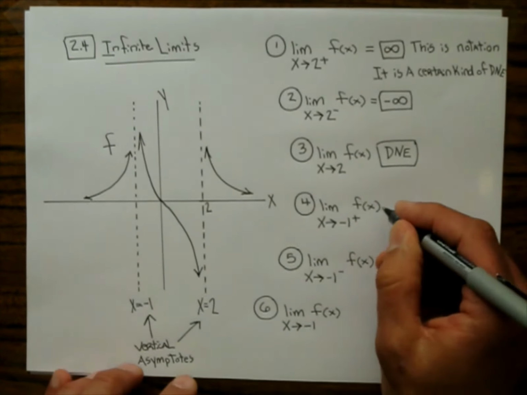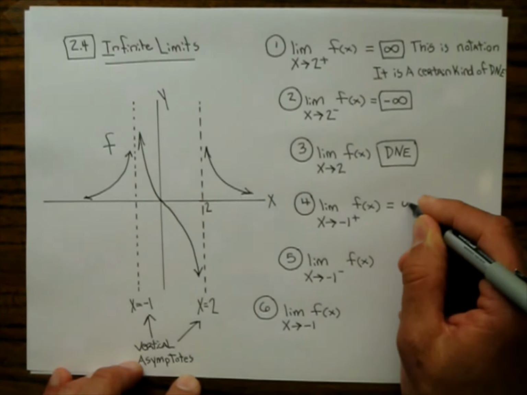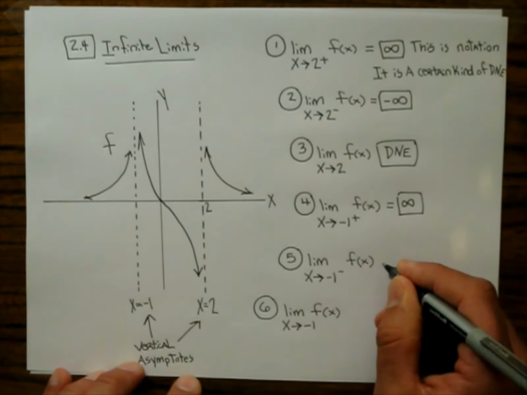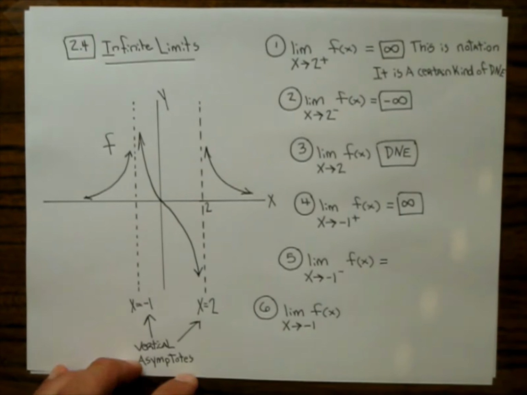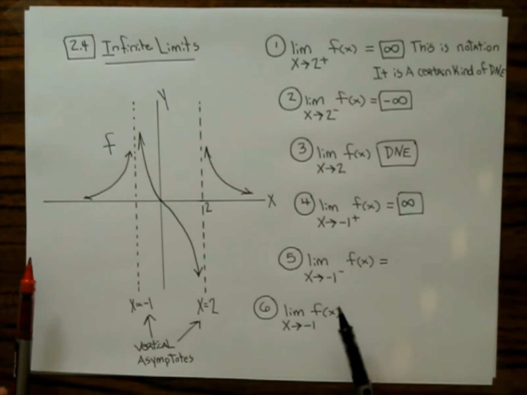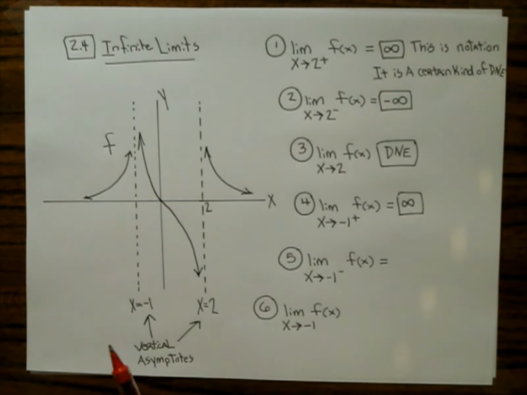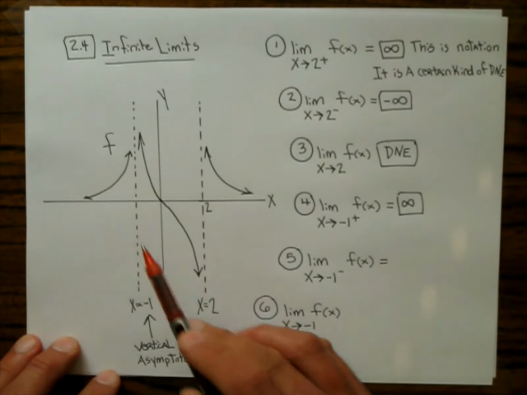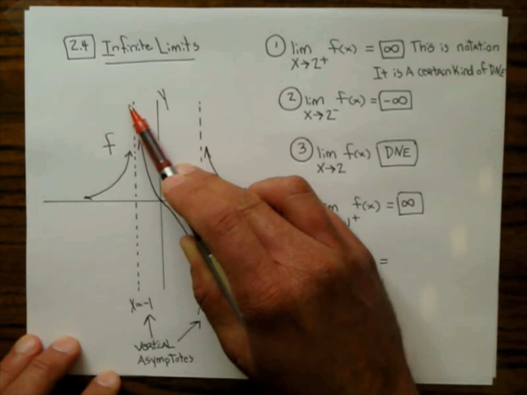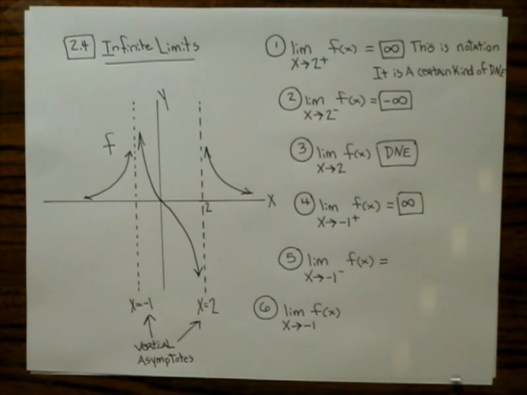So I'm going to say this equals infinity. The next one, limit as x approaches -1 from the left of this graph here. So you're coming to -1 from the left, and the y value is going to infinity.